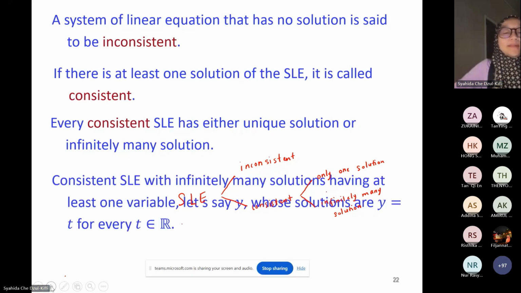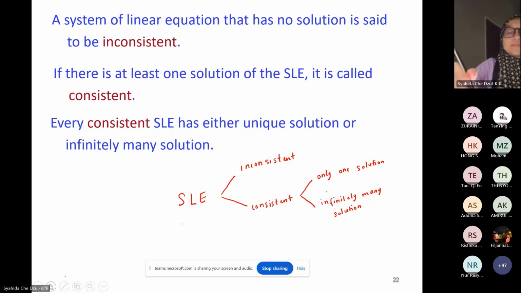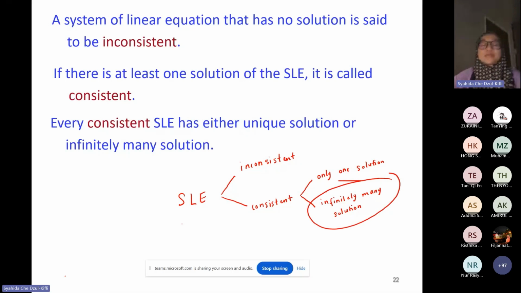Now, let us focus on a system of linear equations which is consistent and has infinitely many solutions.